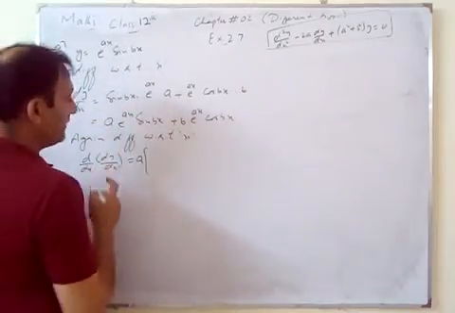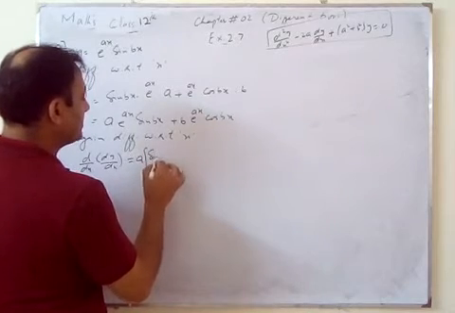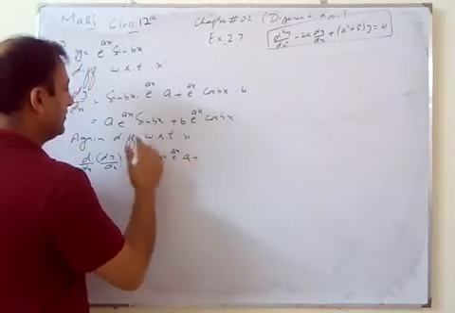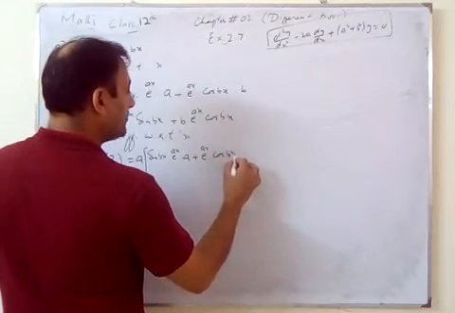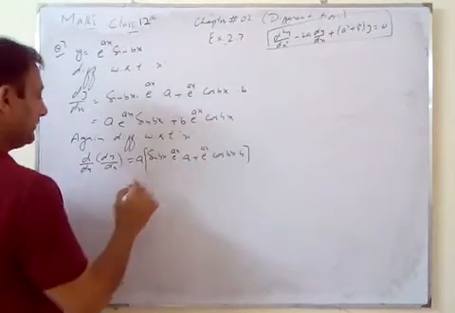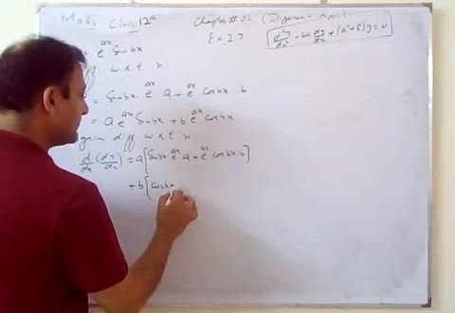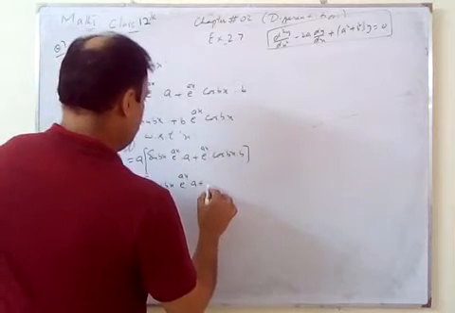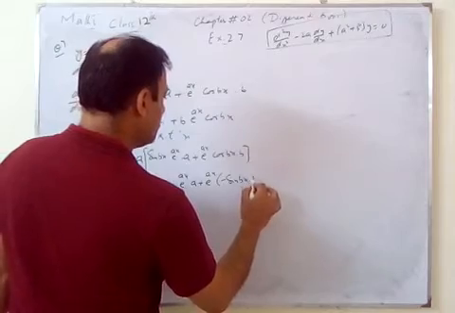Again the same method which we used here: sin bx into the derivative of e power ax, that is a, plus e power ax into the derivative of sin bx, that is cos bx into b, plus b as it is, cos bx e power ax into a, plus e power ax minus sin bx into b.